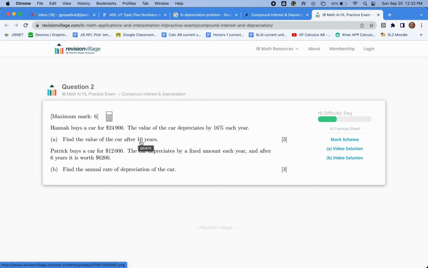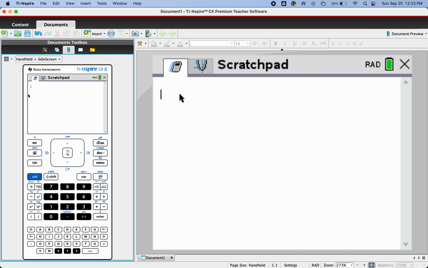There are two ways that we're going to be able to do this. For one, just think in terms of our future value and present value formula. We bought the car for $24,900, and it depreciates by 16%.